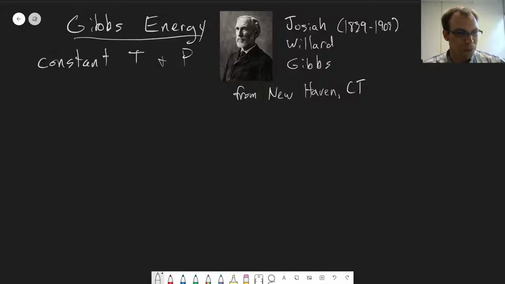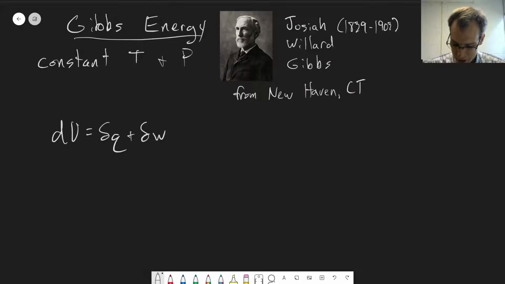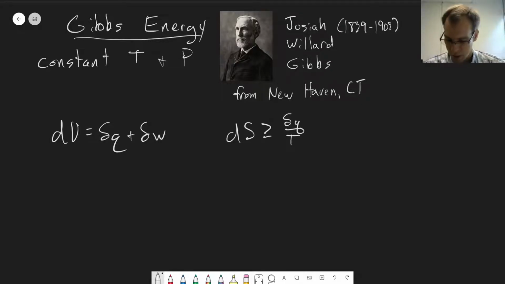Okay, so again, we're going to start with the first law, dU equals dq plus dw, right? We know that's true. And we're going to, again, implement the second law, right? So dS is greater than or equal to dq over T, where it's equal if we have a reversible process, but it's greater than dq over T for an irreversible process.